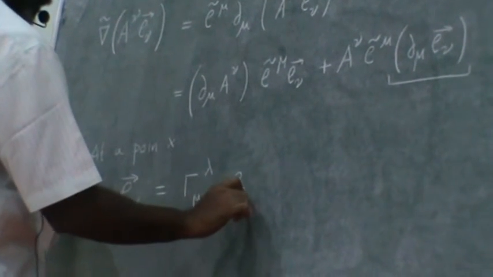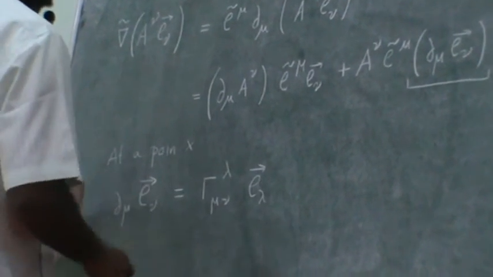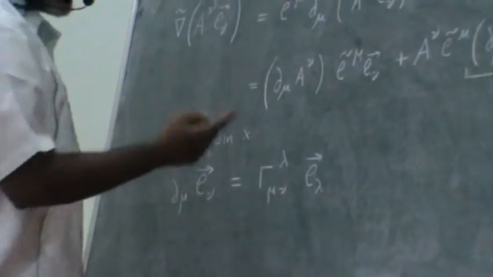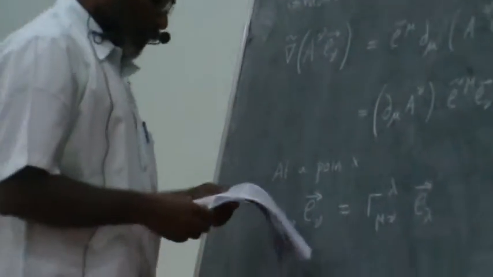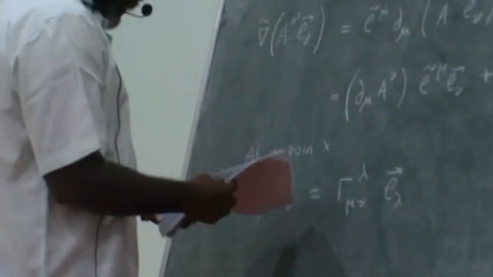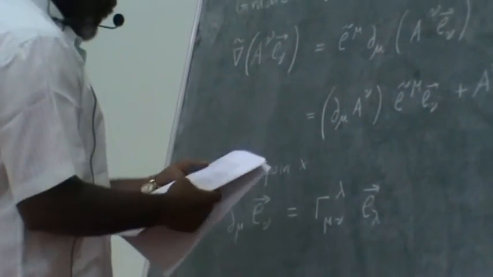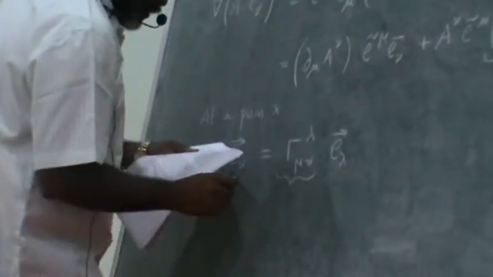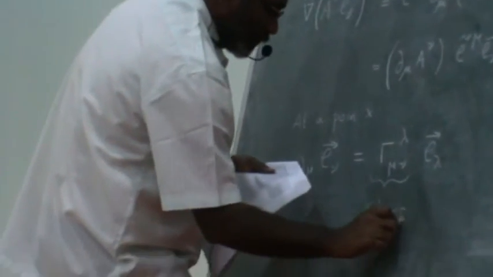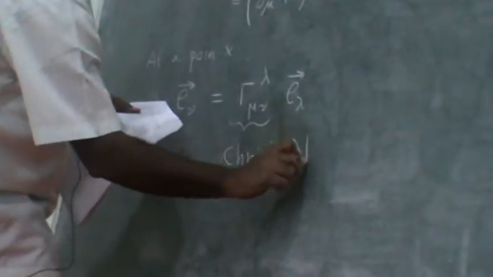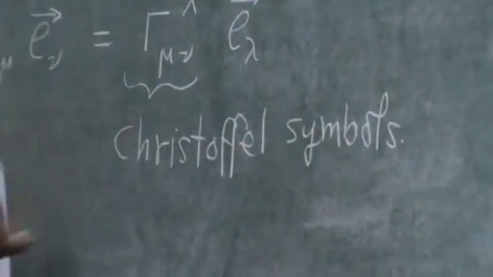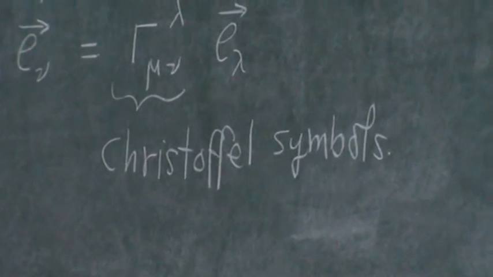That means whatever vector comes out here can always be represented as a linear combination of the same basis. This set of coefficients are called Christoffel symbols.